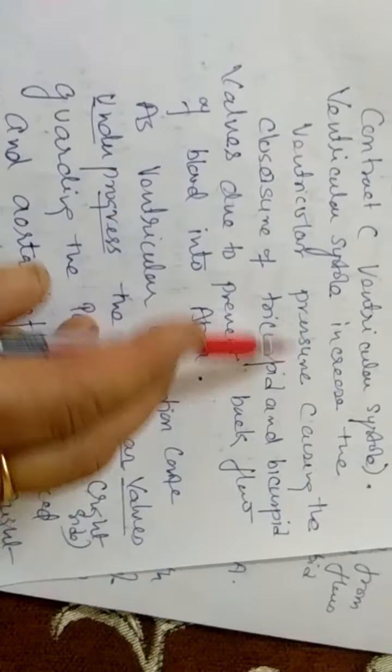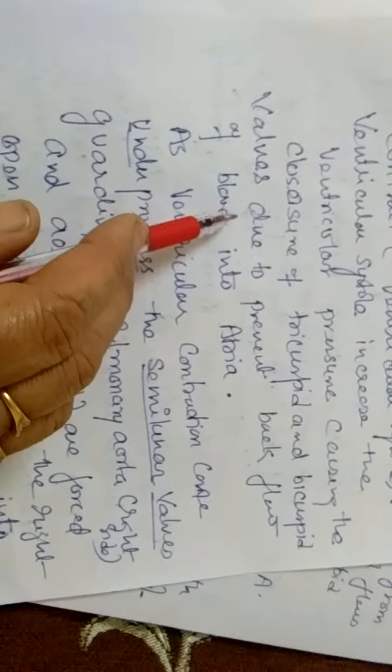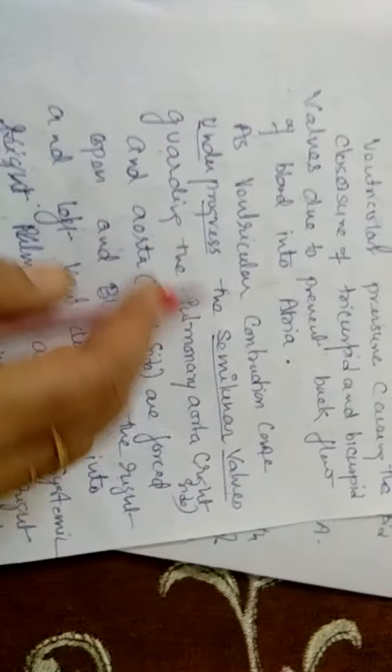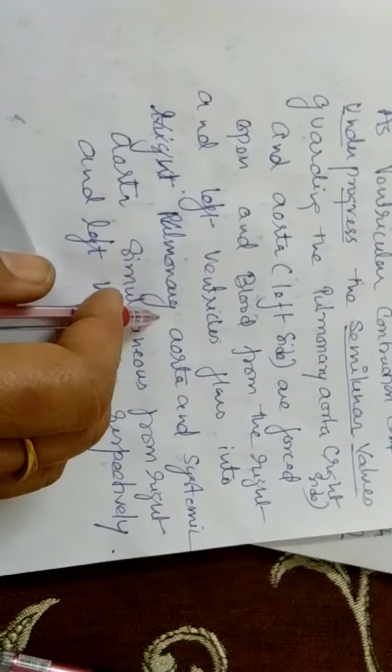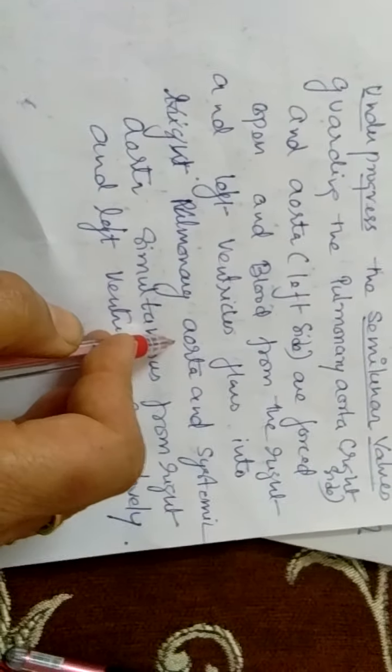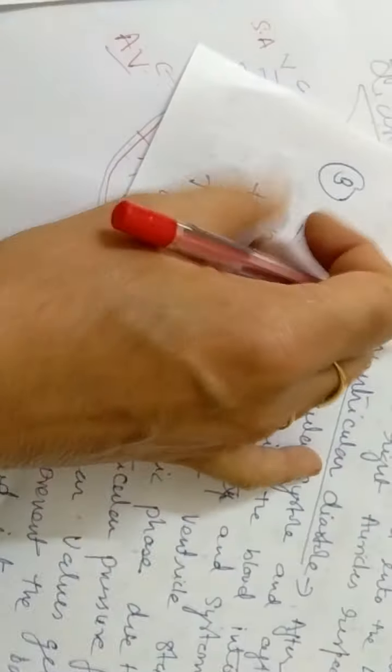The pressure on the blood increases, the tricuspid and bicuspid valves get closed, and the semilunar valves on the pulmonary aorta and systemic aorta will open. So the blood from the ventricle is pumped into the pulmonary aorta and systemic aorta simultaneously. That way ventricular systole is completed.